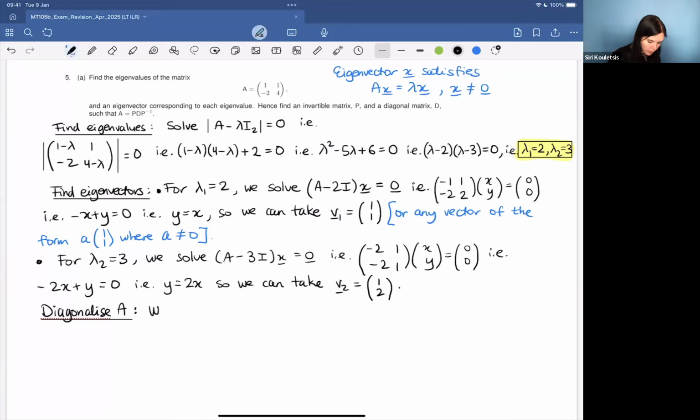Now notice that we haven't been asked for P inverse, we just need to give P and D. And I claim that letting P equal this matrix and D equal this matrix with 2 and 3 on the diagonal, then A is the product PDP inverse.